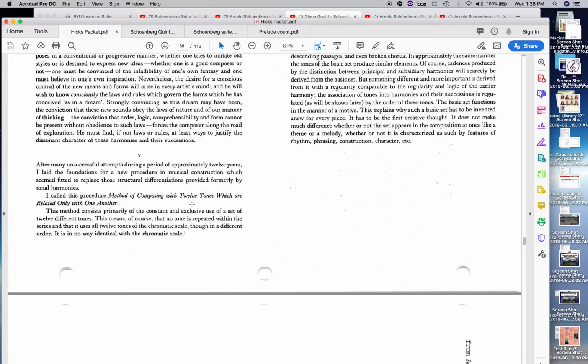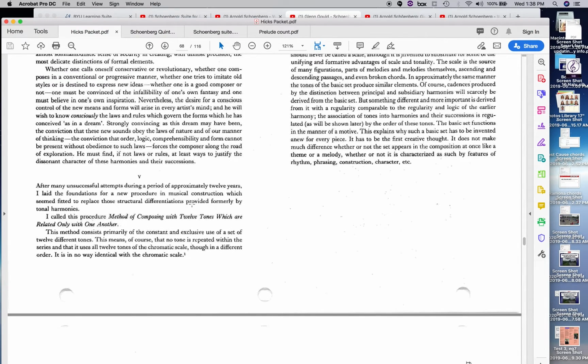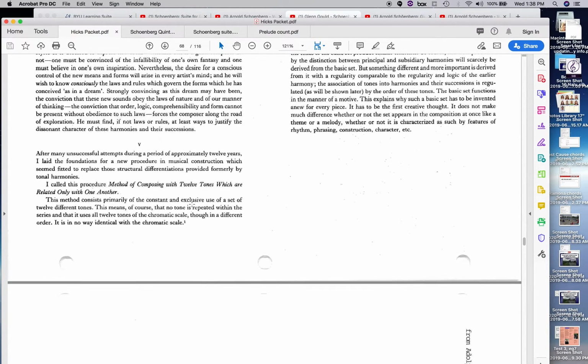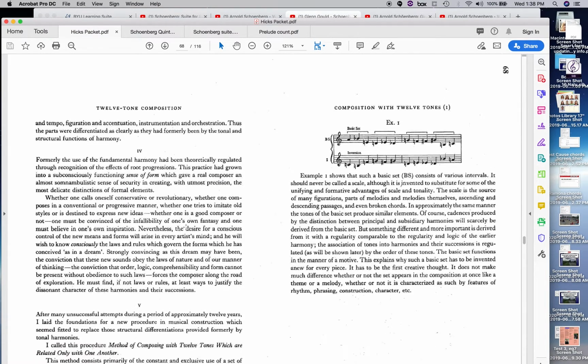So you probably remember from math learning about the Fibonacci series or sequence, so that's in an order. Anyway, the difference is a set is not ordered and a series is ordered. Now he says it is in no way identical to the chromatic scale.